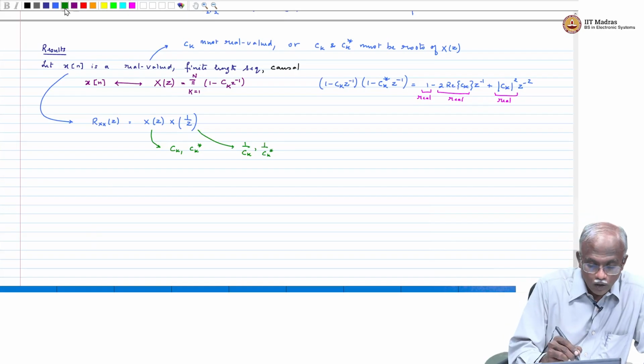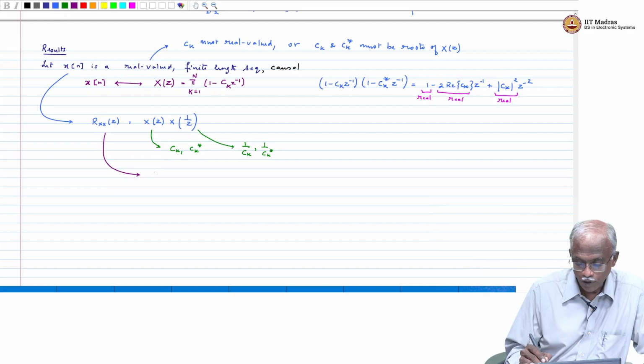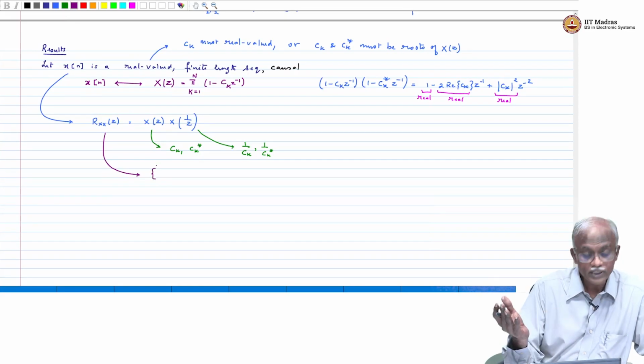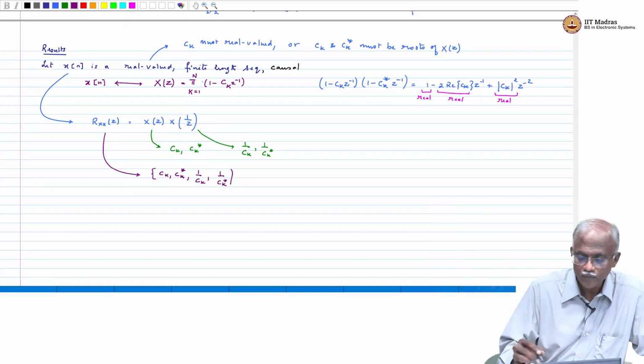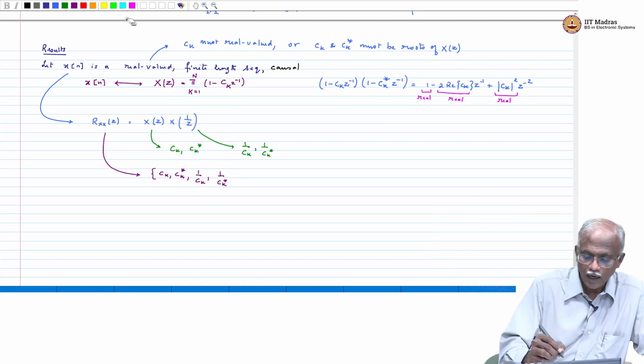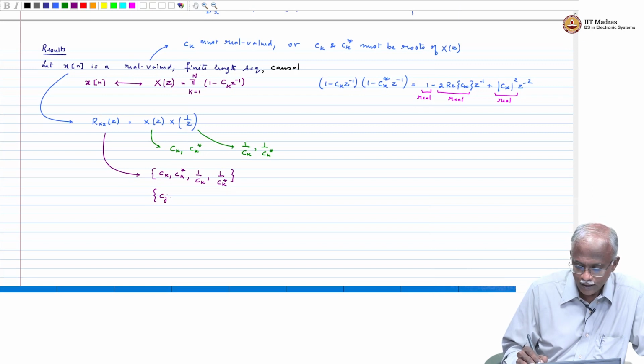Okay, so the autocorrelation sequence will have the following combination of poles and zeros. Doesn't matter which one. Both will satisfy the same property. You will get ck, ck conjugate, 1 over ck, 1 over ck conjugate. Or if it were real valued, then you will get cj and 1 over cj.